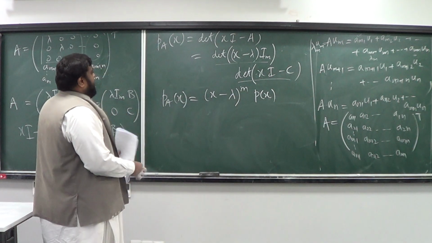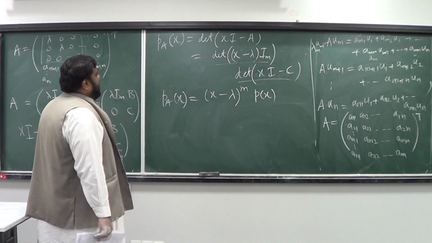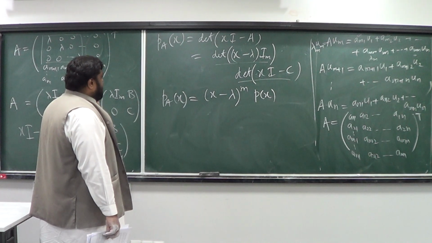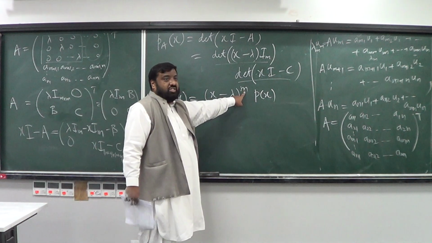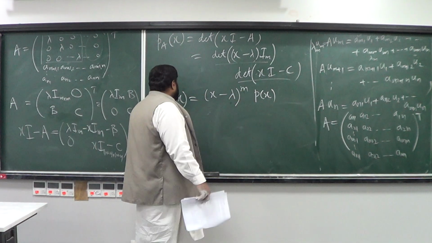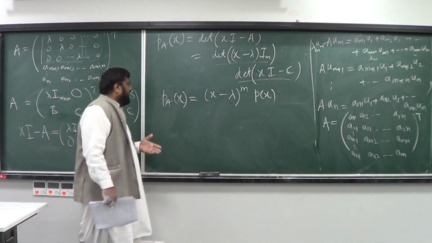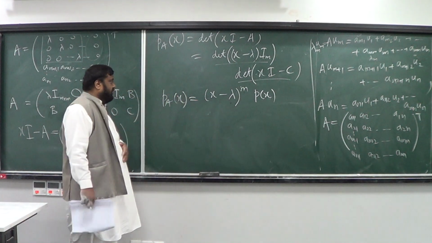So in other words, a matrix A whose eigenvalue is lambda and m is its geometric multiplicity is going to have a characteristic polynomial with a term of this form.